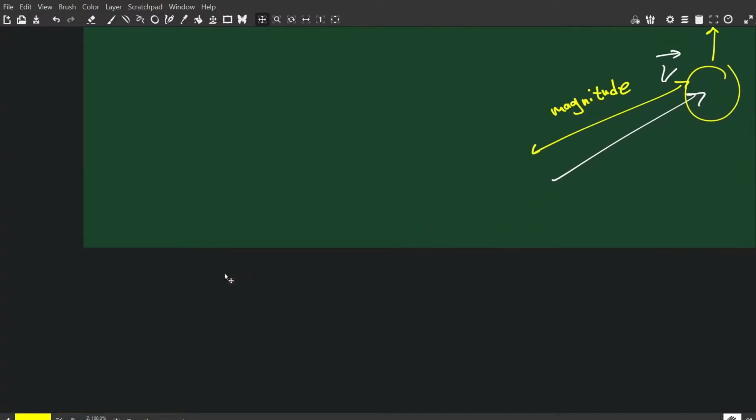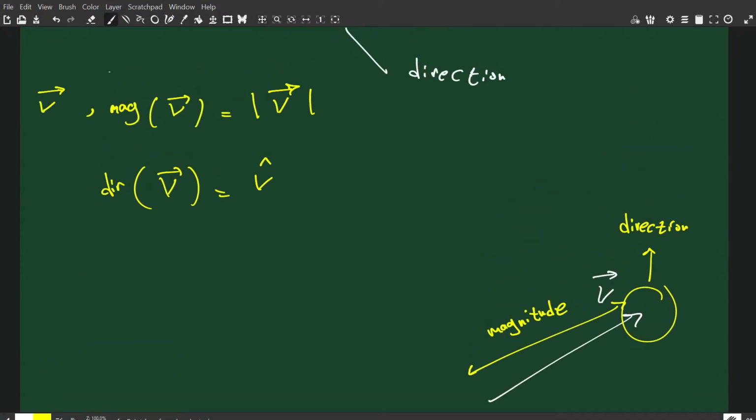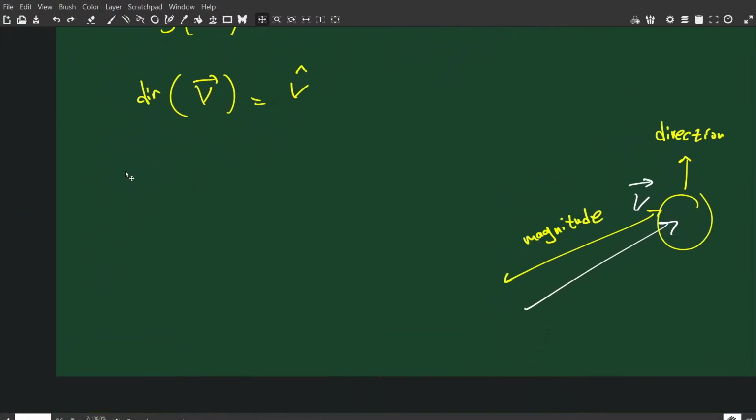So it's a way that we show vectors graphically. And as I said, we can show magnitude and direction like this, so we can show any vector like this: the magnitude of the vector times its direction. It's the v vector.